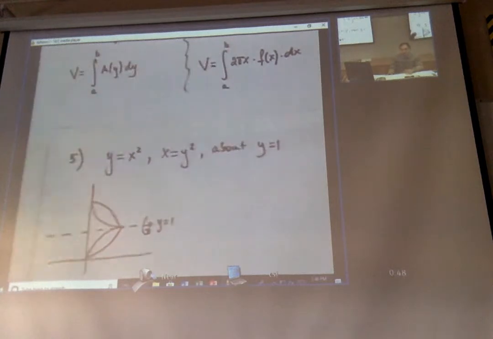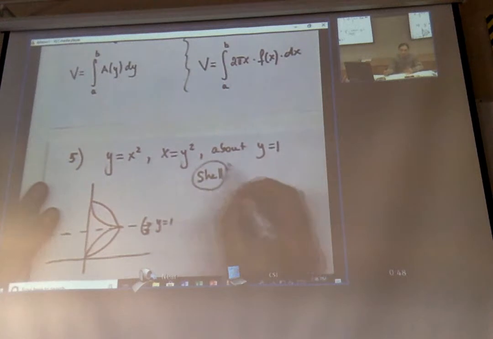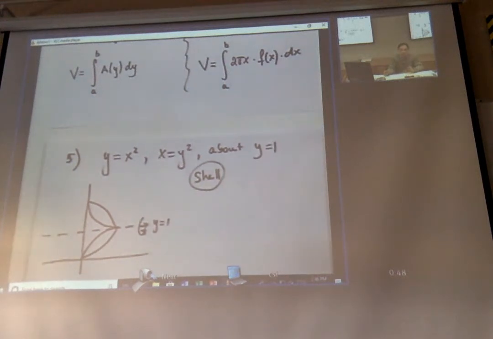Before anything we put on the picture, we're going to write that we're using the shell method. And the next question, dx or dy? Remember how I told you, think about the washer, because you learned about it before. For the washer, the previous example was dx, right?